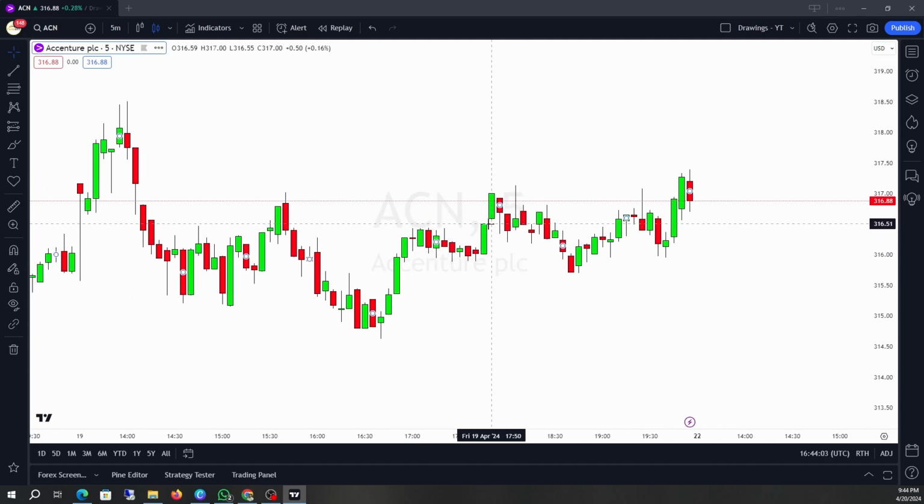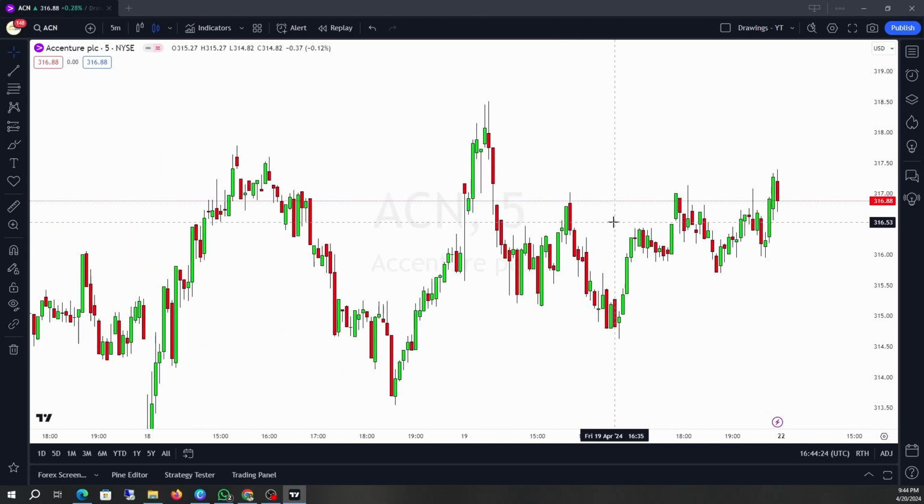For example, if they want to buy 500k stocks, then their first 100k would be executed at a different price than the second 100k or third 100k, depending upon the availability of the ACN stock. And these are not very favorable conditions for trading in any financial market for profits, for day traders or retail traders.